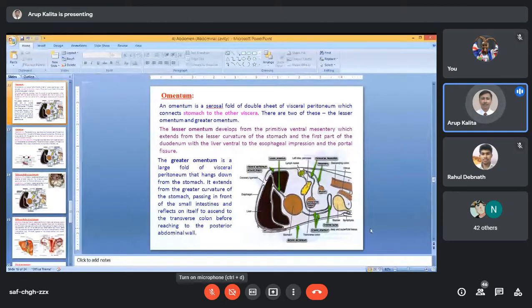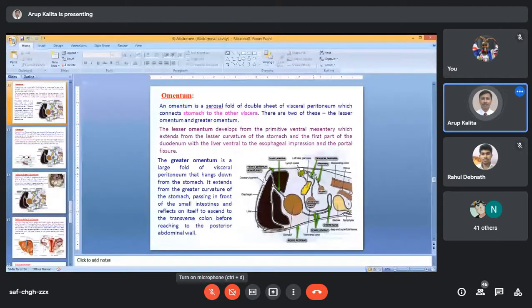So what is omentum? Omentum is a serosal fold of double sheet of visceral peritoneum which connects the stomach to the other viscera. When it is connected to the stomach, this is the stomach, this is omentum. This is omentum. This is not omentum, this is mesentery.